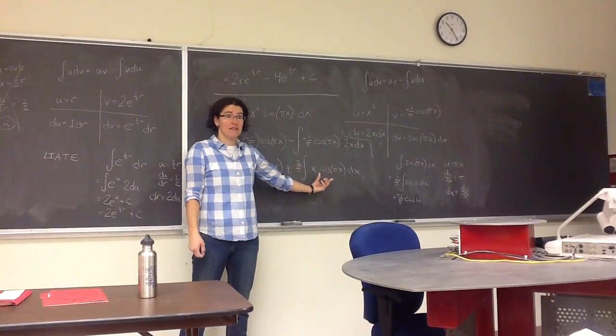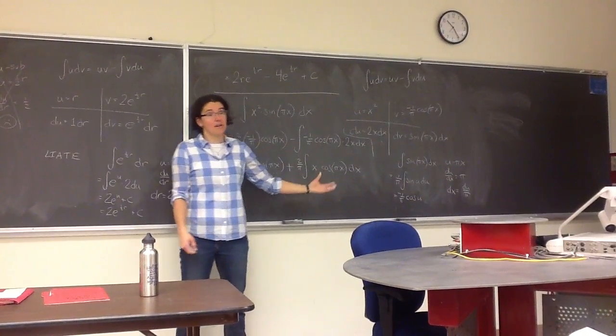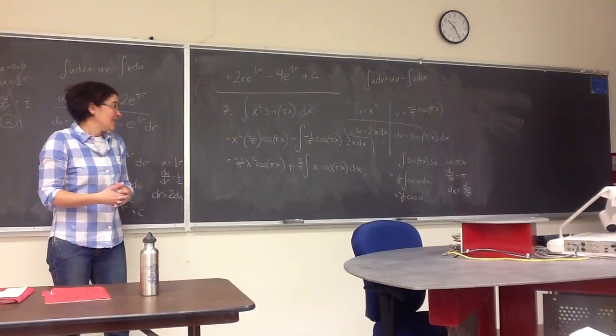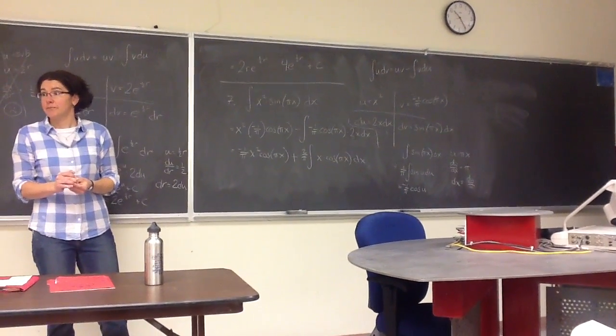And so when I look at this integral, I say, okay, how am I going to find the antiderivative? Well, I'm going to have to use integration by parts again.